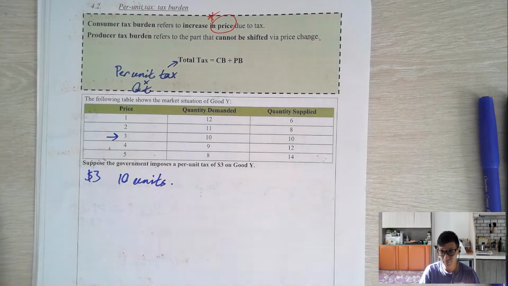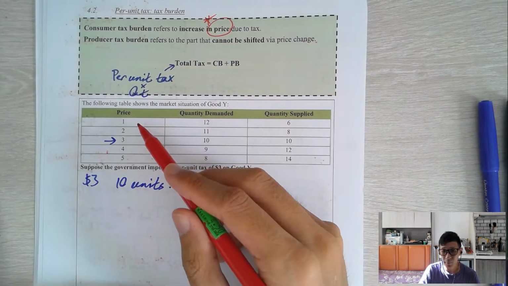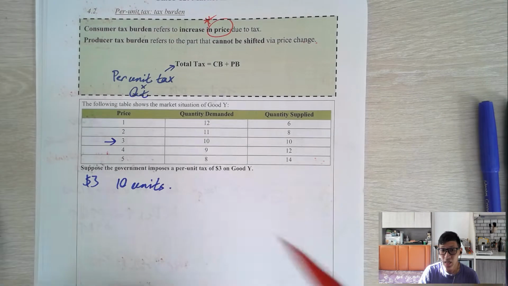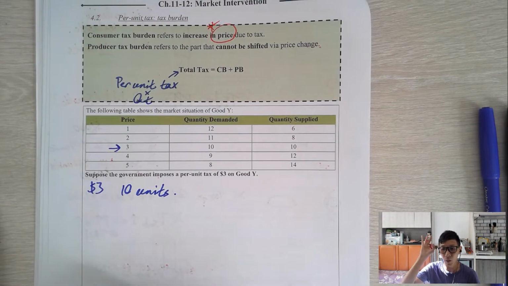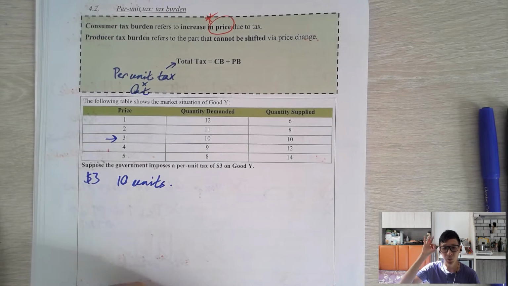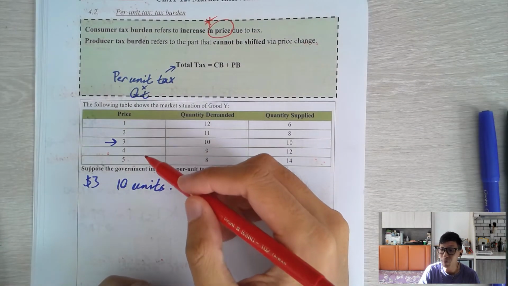OK， 望望啦。Originally $1 I'm going to make 6 units. Now because of a $3 tax, I'm only willing to produce 6 units if there is an increase in $3.